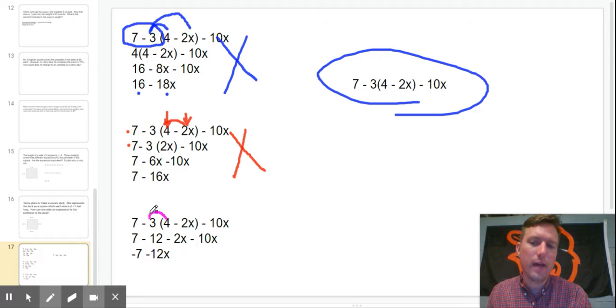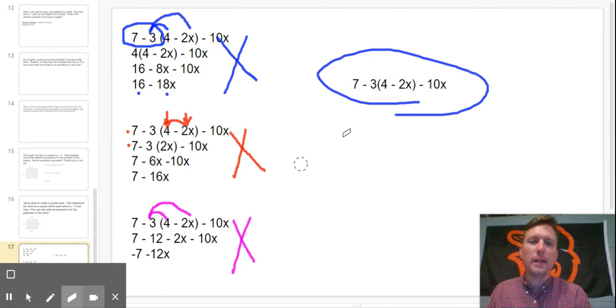And in this case, they do that by the distributive property of multiplication. So they multiplied this -3 by 4 and got -12. And then they multiplied this -3 by oh, wait a minute. They didn't multiply the -3 by both terms. They only multiplied it by the first one, the 4. They needed to multiply it by this one as well. So this would be wrong.